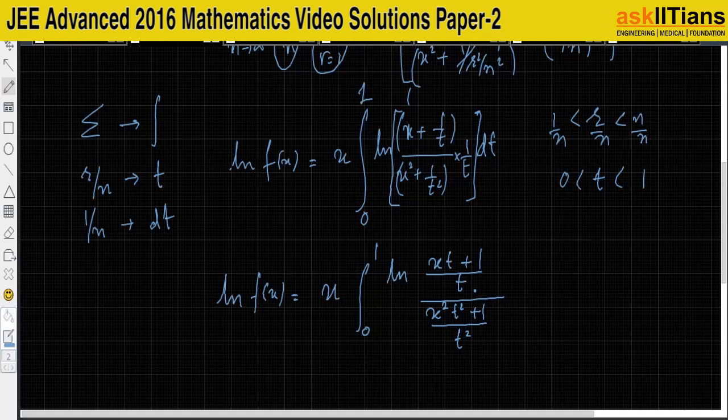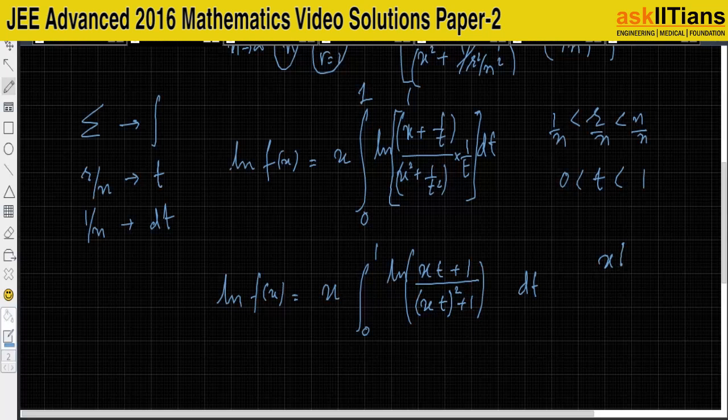Here also I have t square, so this will get cancelled, and basically I'll get this into dt. If I write it more nicely without t square, this will be xt plus 1 divided by xt whole square plus 1. Now I can substitute xt as z. Here x is constant, so x times dt is dz.